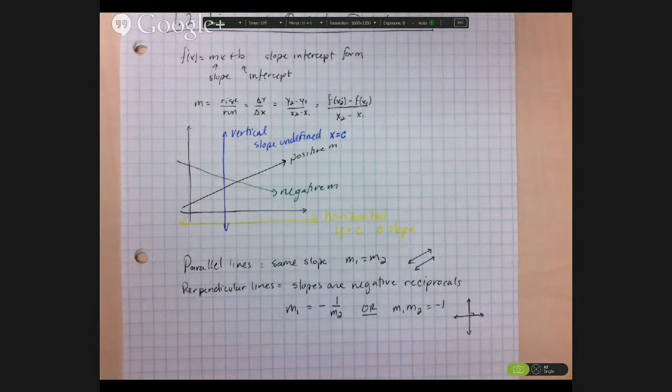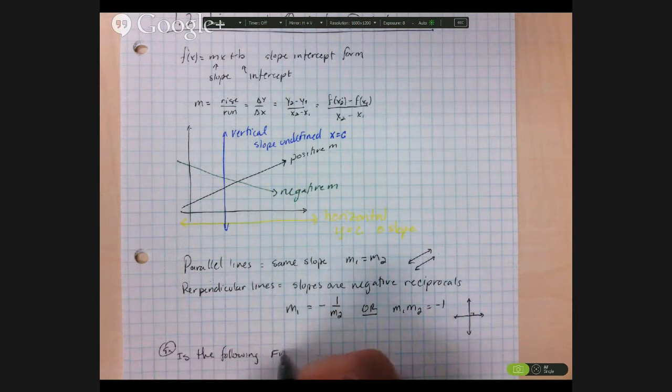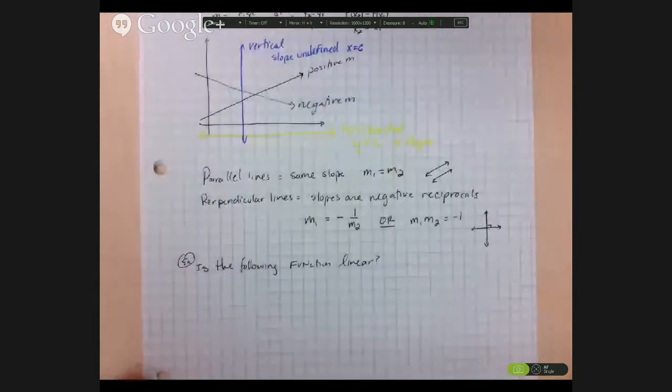You're going to have to test for linear relationships. So let me just give you some real quick. Is the following function linear?